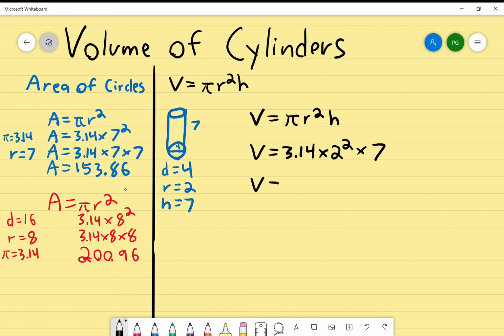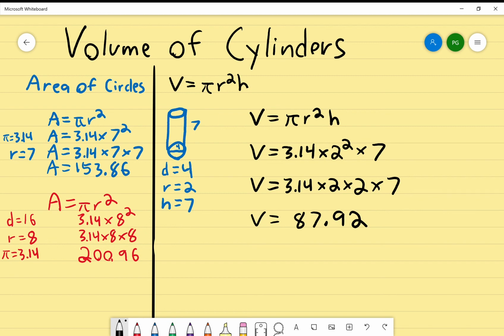So volume equals 3.14 times 2 times 2 times 7. Now let's use the calculator. My final answer should be volume equals 87.92. Boom, you just found an example with diameter.